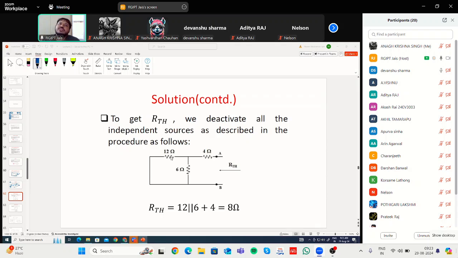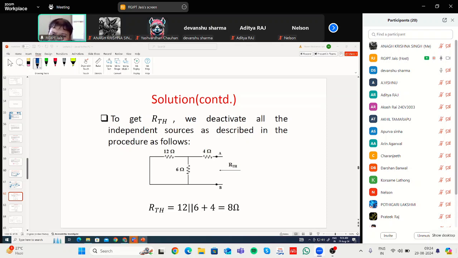It offers no resistance. If it was a current source, you have to replace it with an open circuit, because it has infinite resistance ideally. So the first step, you have to deactivate the voltage source, that means you have replaced it with a short circuit.